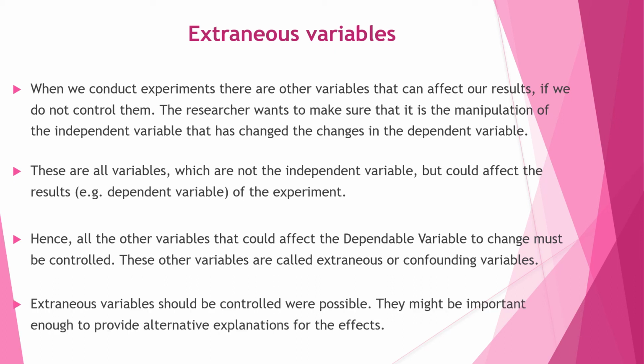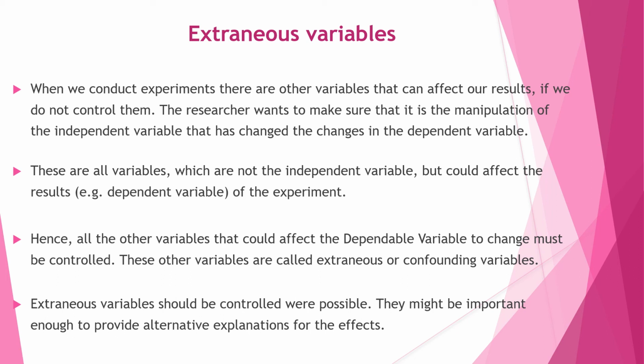But in that case also, we can provide an alternative explanation of the research. There can be certain things which can be explained using the extraneous variable apart from the independent variable.